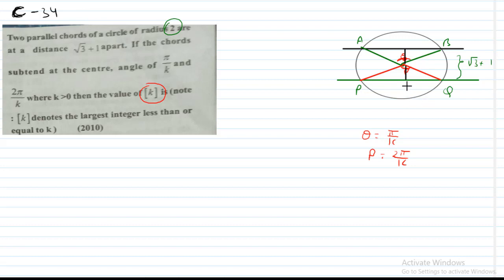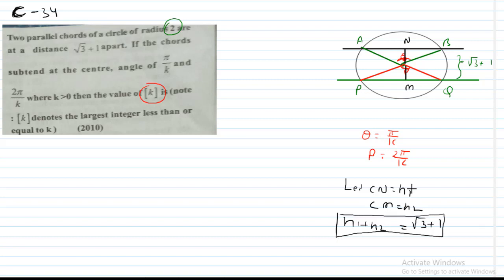Let this be M and this be N. Let CN equal H1 and CM equal H2. Automatically H1 plus H2 means the distance between the chords, already given, that is root 3 plus 1.